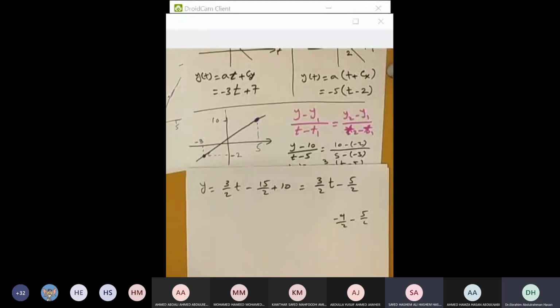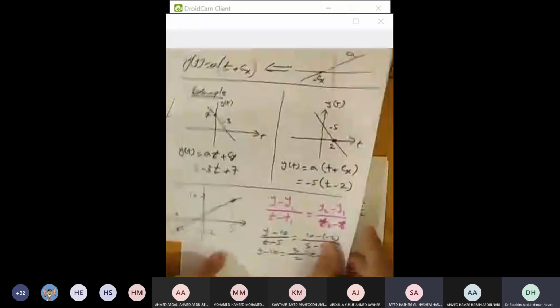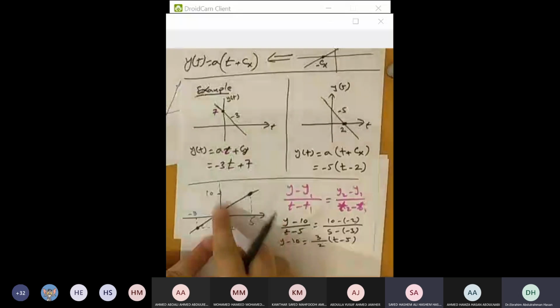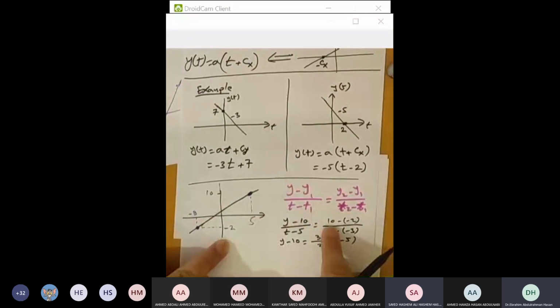At t equal to minus 3, then this is minus 14 minus 7. No, this is not correct, there is something wrong. Again, let me see here. So y minus 10 divided by t minus 5 equal to 10 minus minus 2 divided by 5 minus minus 3. So this is 8 and this is 12.